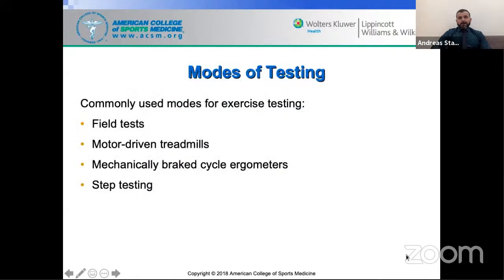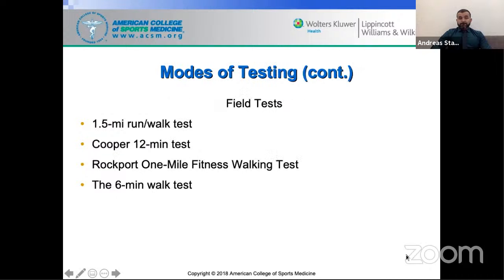Now, how can we test CRF? Many ways. Field tests outside if you can, motor-driven treadmills, ergometers, and step testing. For the field tests, the first two are walk-run tests, which are very popular. The clients can either run, walk, or walk and run. The first one is how much time they need to cover 1.5 miles. The Cooper 12-minute test is about how much distance they can cover in 12 minutes, right?